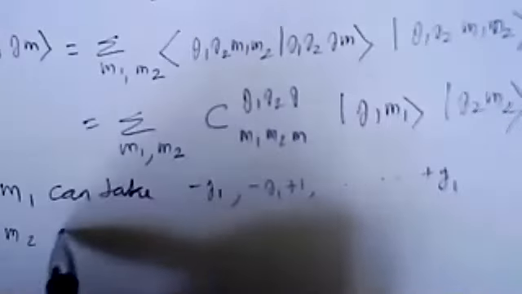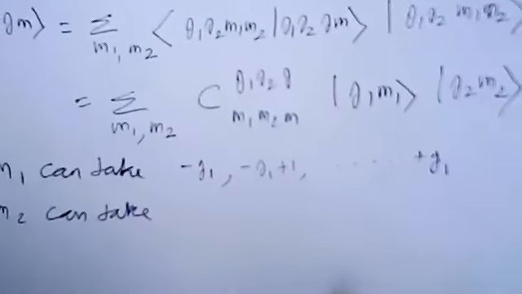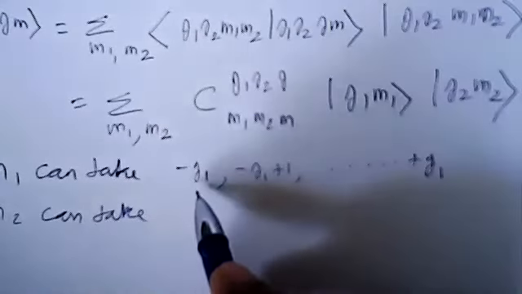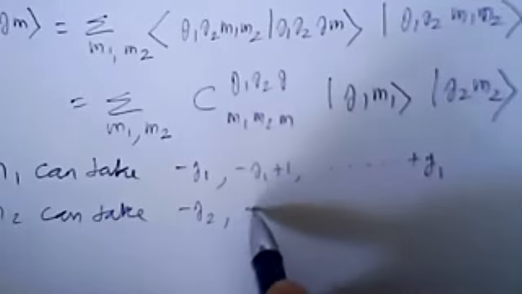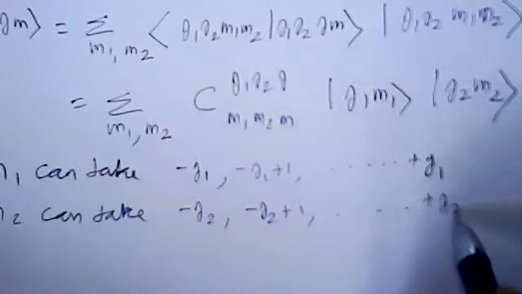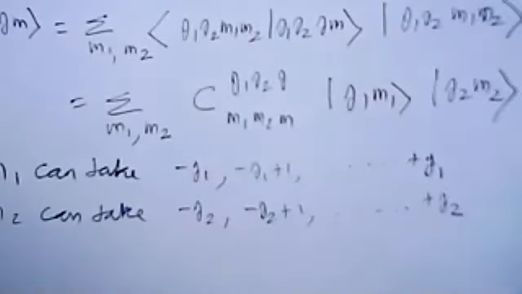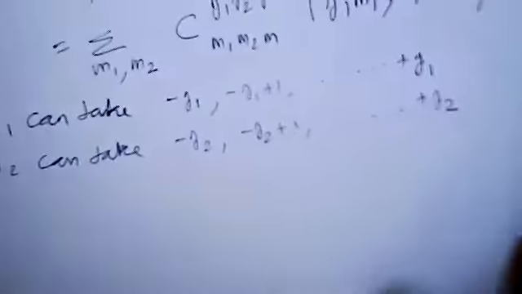Similarly, M2 can take again 2j2 plus 1 values, starting from minus j2 plus 1 etc. plus j2. Okay, I think these ideas are clear.